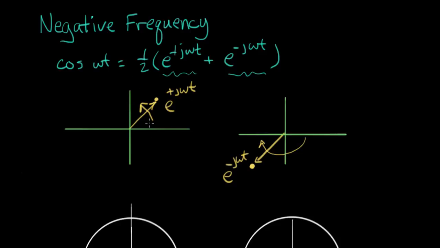If we are rotating in the positive direction, like this, you could say that's a positive frequency. And if we're rotating in the negative direction, like this, you could say that's a negative frequency. So omega t gives us the speed, and this sign right here and this sign right here give us the direction. The frequency here is plus omega t, and the frequency here is minus omega t. So in this sense of rotating vectors, negative frequency seems like a pretty simple idea.